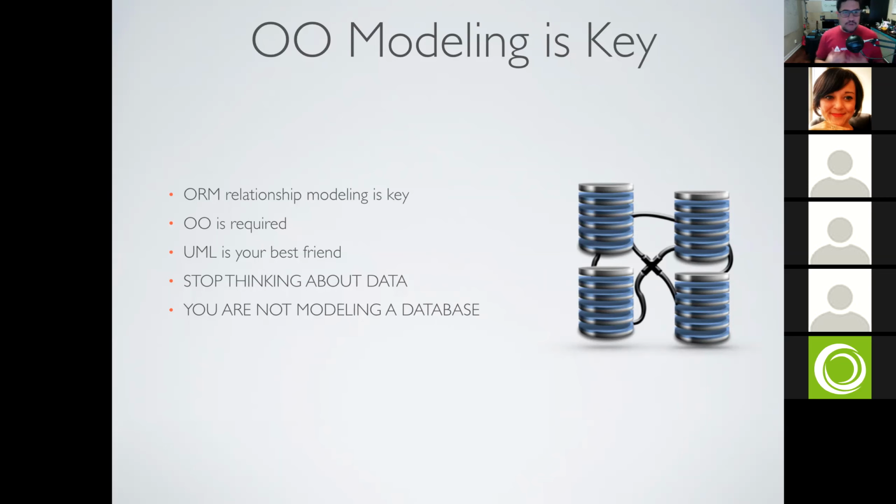And that, to me, was the biggest thing because I used to do a lot of database programming. I used to call myself a database guru at that time. And moving from databases into an object-oriented world with objects was really difficult for me. I really had to hit the books, and until I understood that I had to stop thinking about data, I think is when I really flowed into working with an ORM.